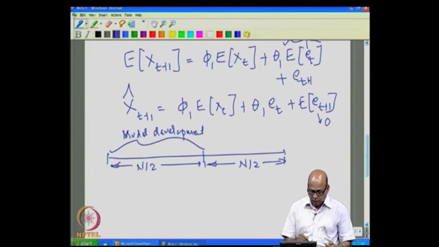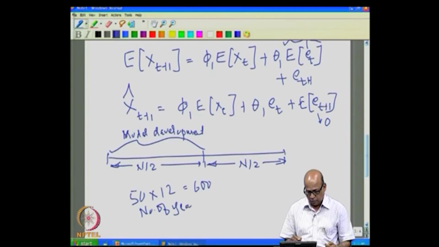We chose that and then developed the model using the first n by 2 values. Let us say if you had 50 years of values, you would have 50 into 12, that is 600 values as the data. This is number of years and this is number of months. So, you would have 600 values.